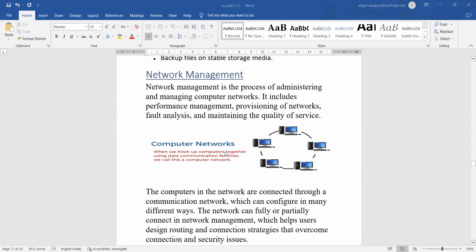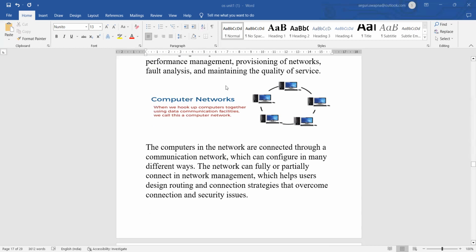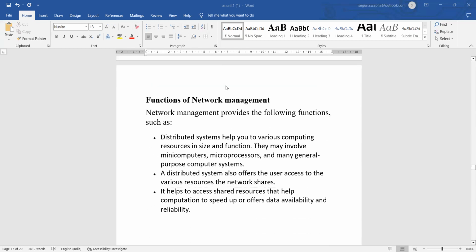Next is the network management. Network management is a process which is used to administrate and manage the computer network. This component in the operating system is responsible to manage the performance of the operating system in the distributed system, as we have a number of resources and functions.